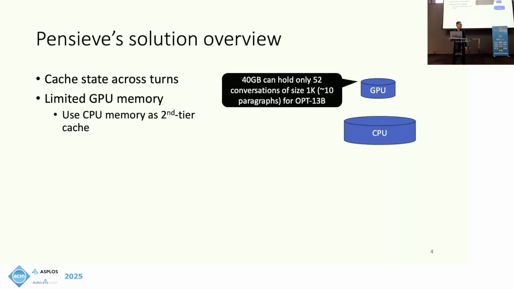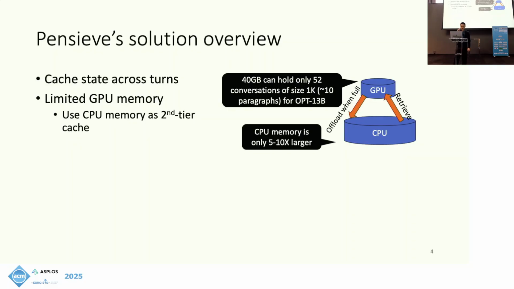So instead of using storage as the previous talk, we use CPU memory here. We offload when GPU memory is full, and we retrieve when we need to do the prefill in the next turn. CPU memory is also not very large, 5 to 10x only. Also, when CPU memory is full, we drop tokens out of the system and recompute as needed.